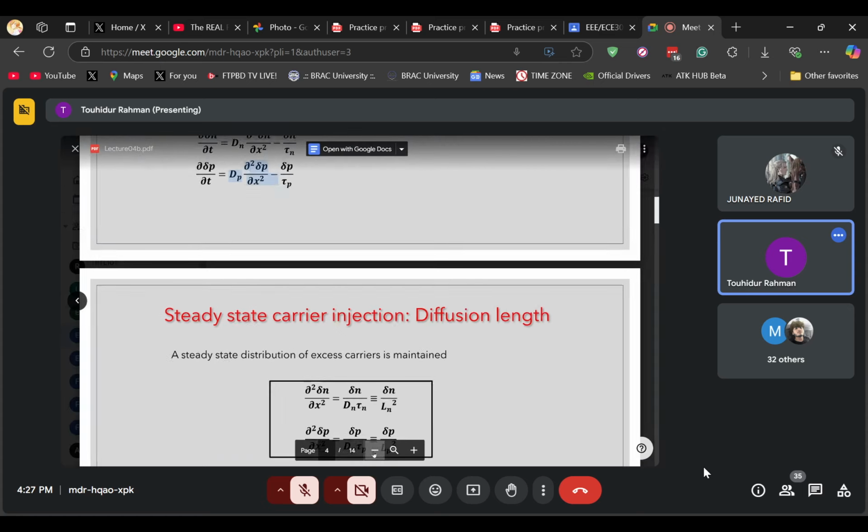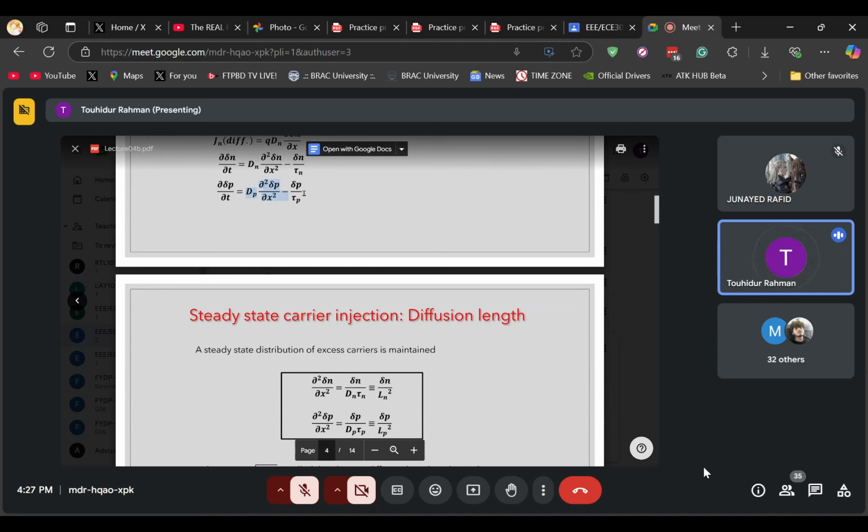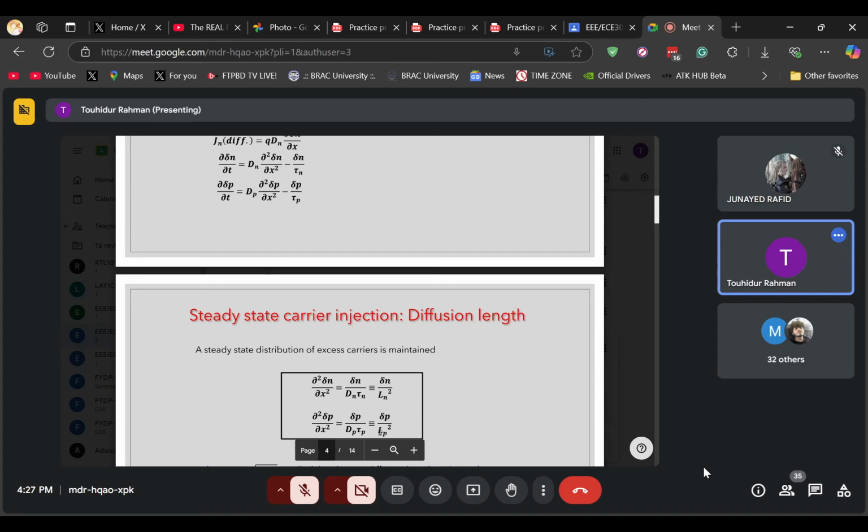So for holes, if we divide this equation by Dp, on the left hand side we will have del square delta p divided by del x square, equal to, because if we take this one to the right hand side minus will become plus, delta p divided by tau p, which is the carrier lifetime of holes, divided by Dp.